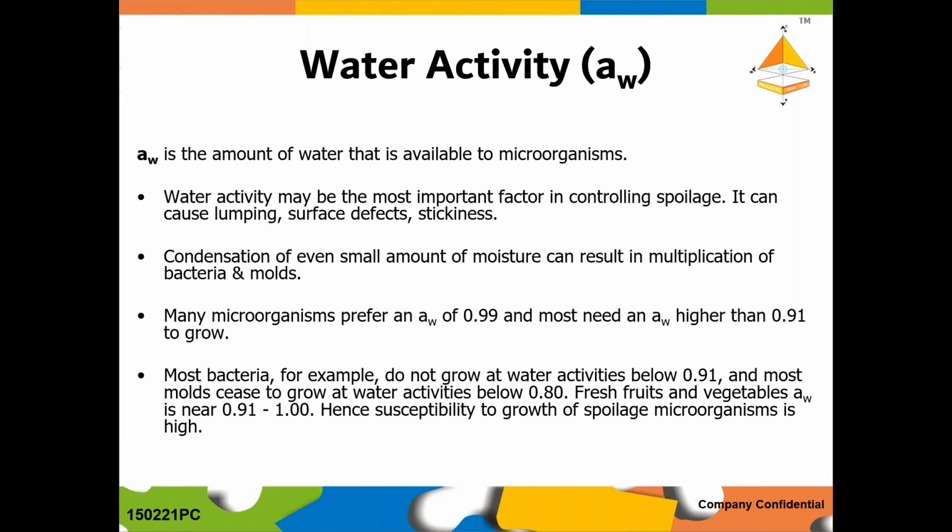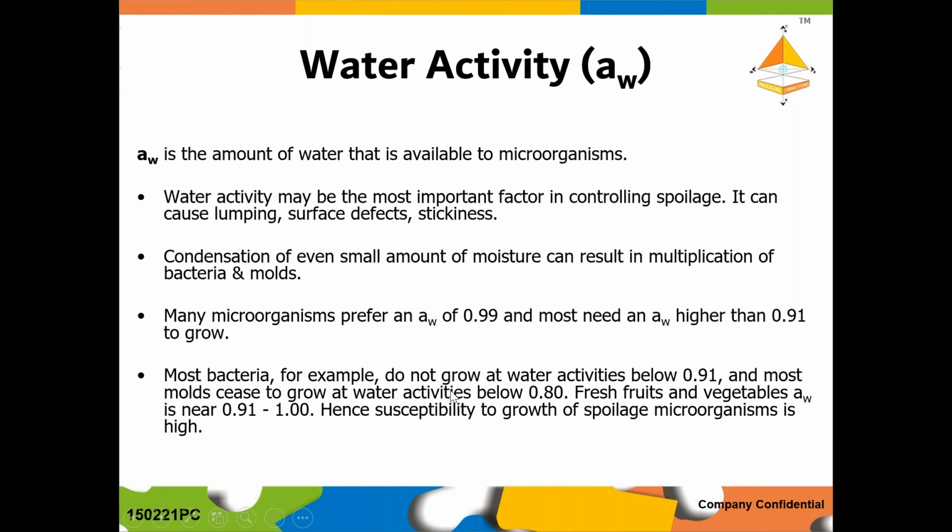Water activity is one of the most important factors in controlling spoilage, which you can see. Many microorganisms prefer a water activity of 0.99 and most need a water activity higher than 0.91.